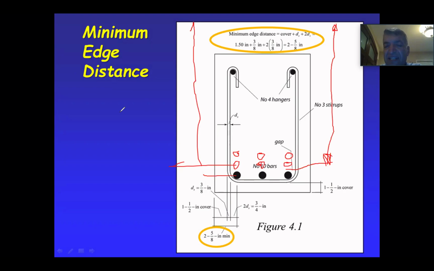You cannot go higher than that, and that means your area of steel is high. So if you need 6 bars and you try to put all 6 in 1 layer, you're going to violate the minimum distance between bars. So you're not going to have the 1 inch or the bar diameter. If that's the case, then you go ahead and put a second layer on top. Does that make sense?